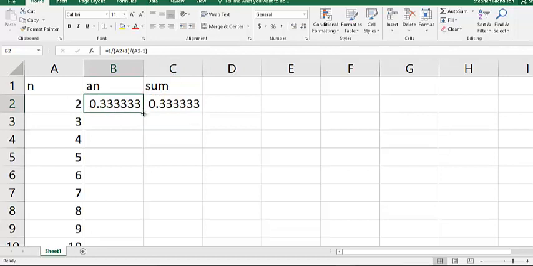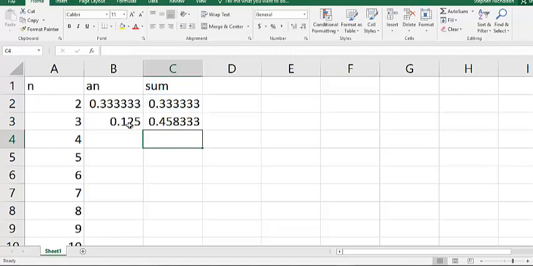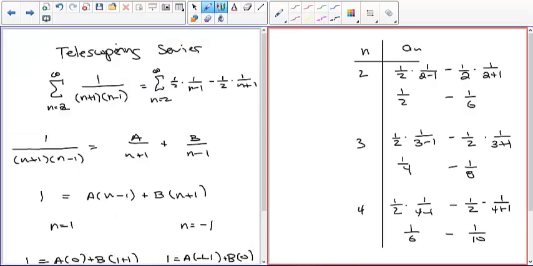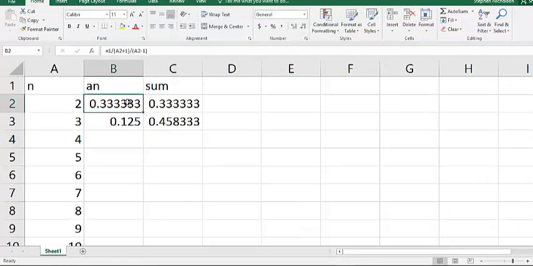So now if I copy this for the second term, it's 0.125. And then the sum is going to be the previous number plus the new number. And I get that. Now let's just go back and check to make sure that first term. So if you take 1/2 minus 1/6, you get 1/3, which agrees with what I have here. Okay, so I feel pretty confident I did it right.